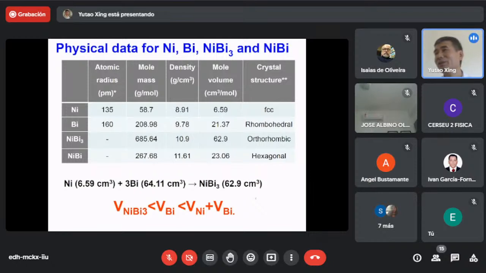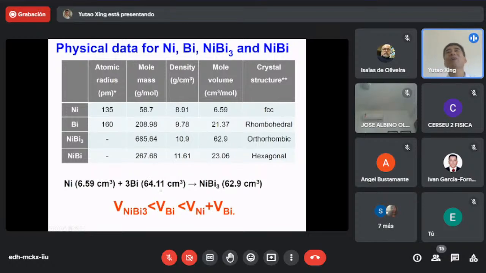It's very interesting that for the reaction, nickel plus 3 bismuth formed nickel bismuth 3. So 1 mole of nickel plus 3 moles of bismuth we will obtain 1 mole of nickel bismuth 3. It's very interesting that the volume of the product nickel bismuth 3 is even less than pure bismuth here.